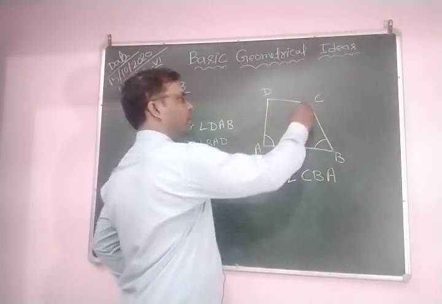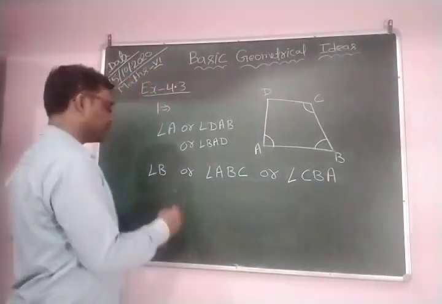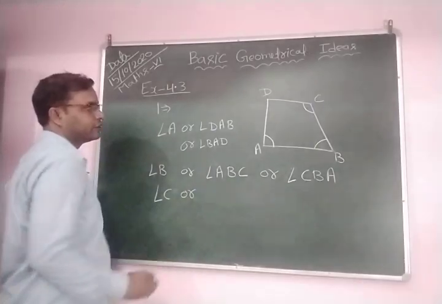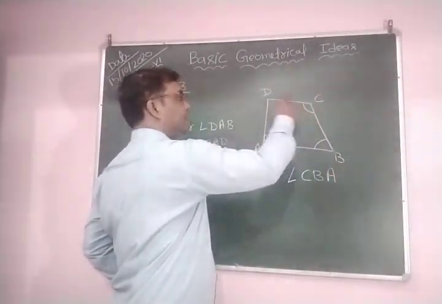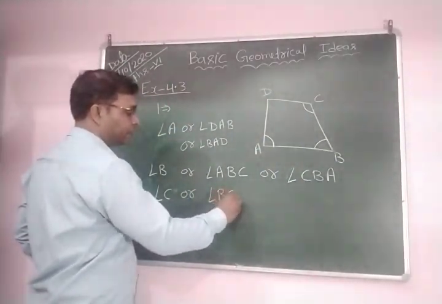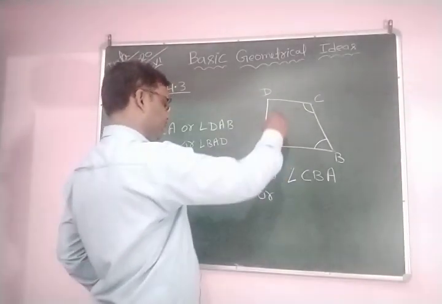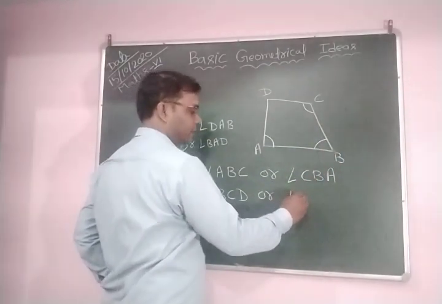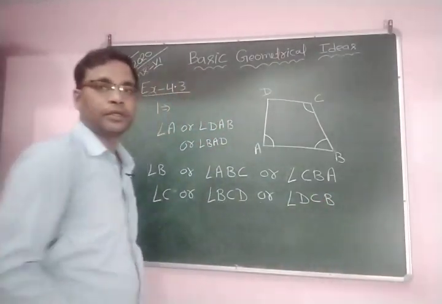Next is point C. You can simply write angle C, or you can write angle BCD, or angle DCB. Clear?